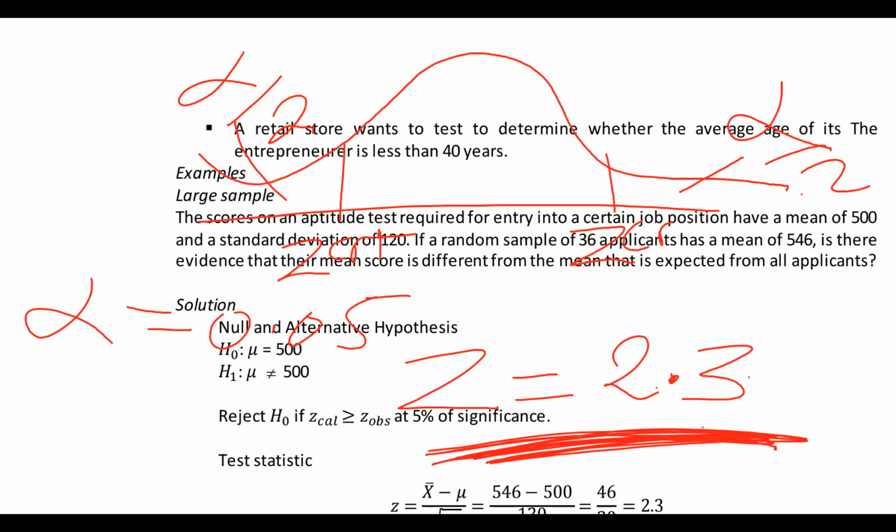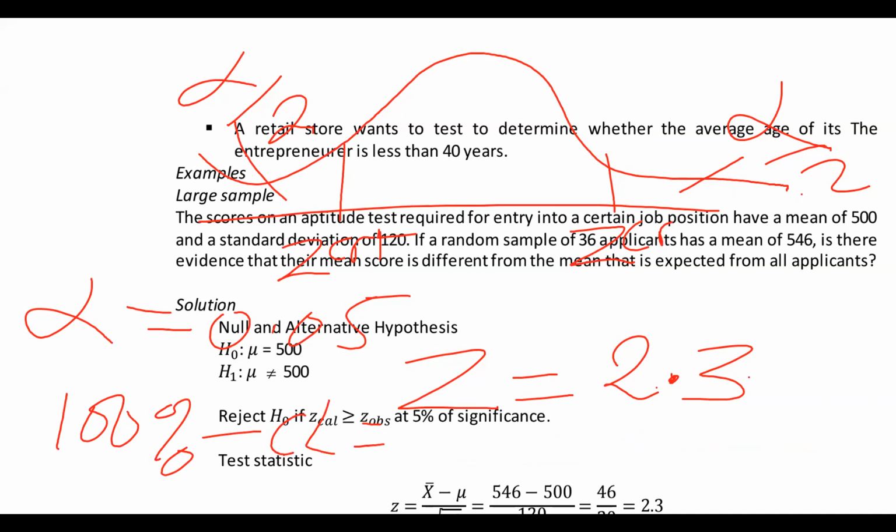Now, sometimes you might not be given the significance level. They can give you what is called the confidence level. If they give you the confidence level, you know that 100% minus the confidence level will give you alpha.